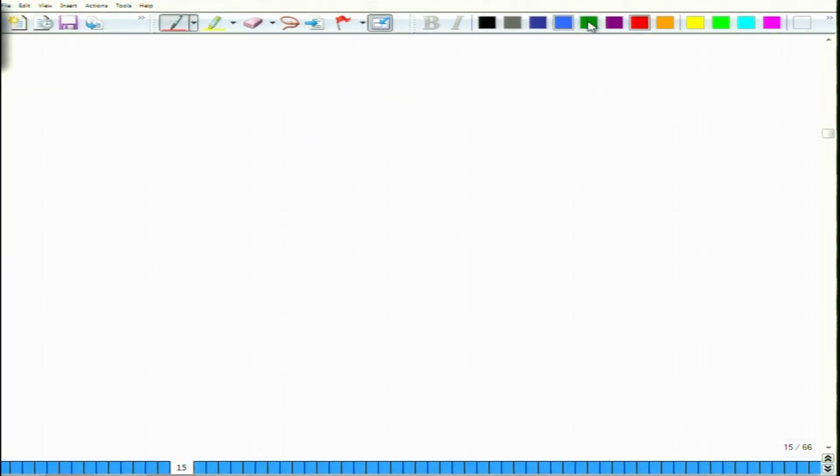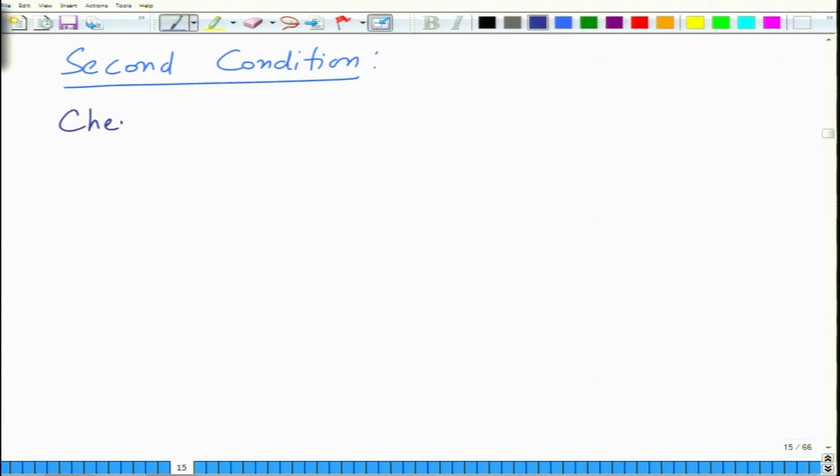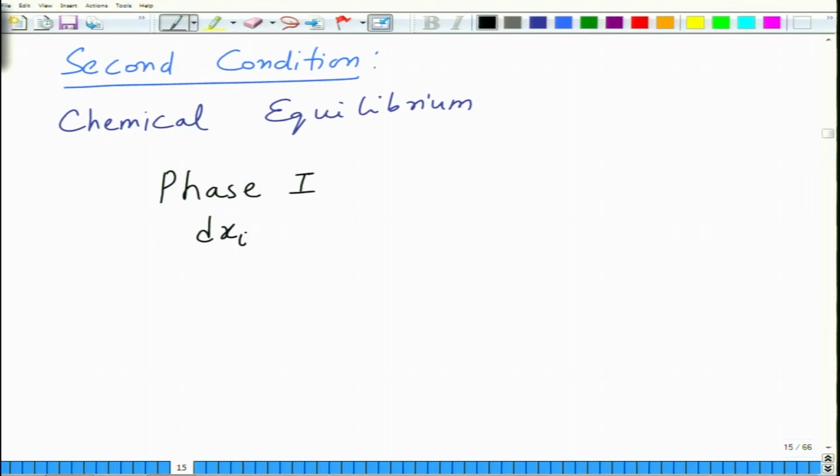Now the second condition comes from chemical equilibrium. Chemical equilibrium says that, let us say you have phase 1, and you take for a particular element dxi and you transfer this to phase 2.